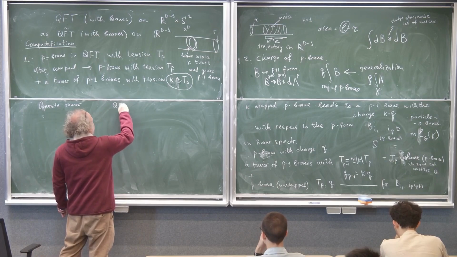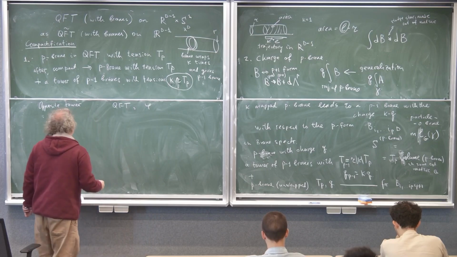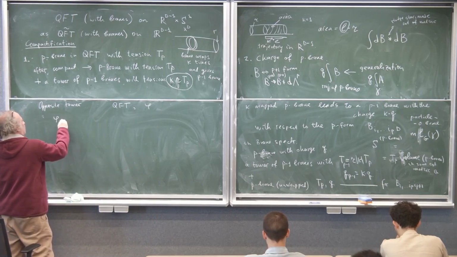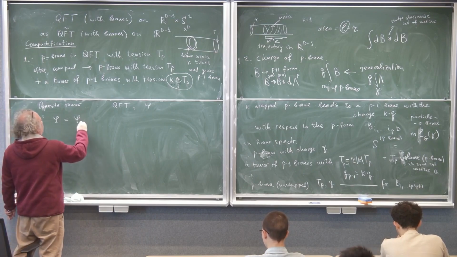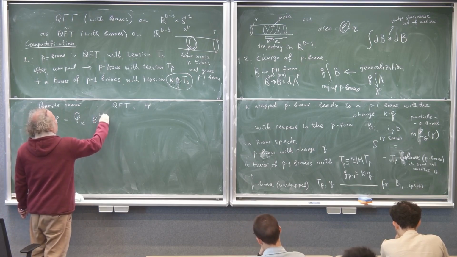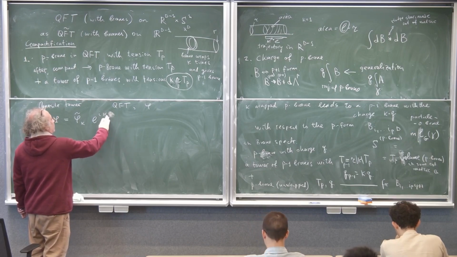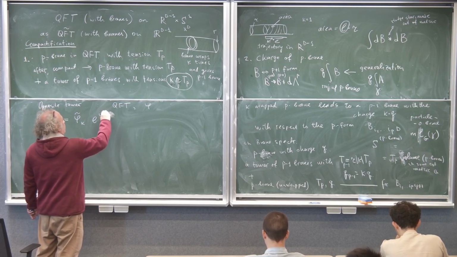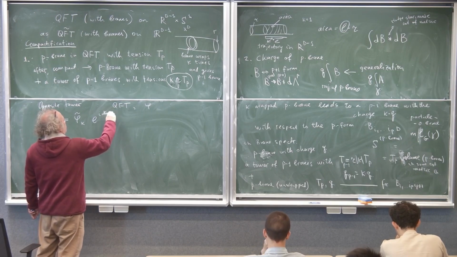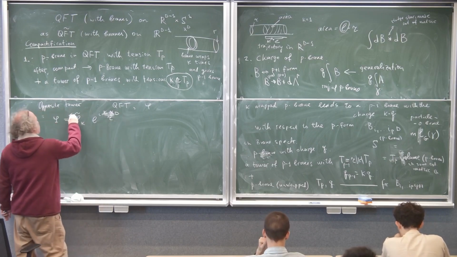Suppose we have a QFT, and in this QFT we have a field phi. Then we may decompose phi as phi tilde_k times e to the i k x_d over r, and I take a sum over k.